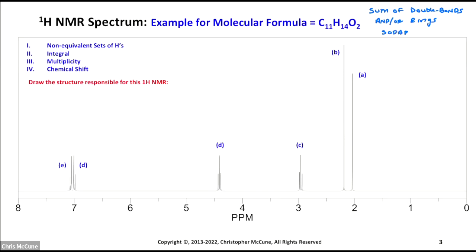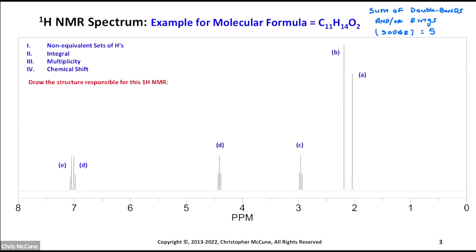And that's just the degrees of unsaturation. So for this formula, 2 times the number of carbons would be 22, plus 2 is 24, minus the number of hydrogens here. So 24 minus 14 is 10, divided by 2. So 10 divided by 2 equals 5. And so that means I've got 5 rings or 5 pi bonds, or a combination of pi bonds and rings that equal 5.